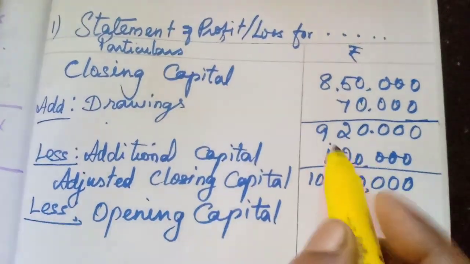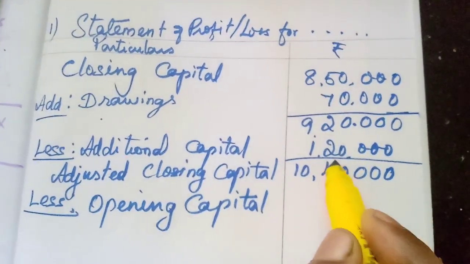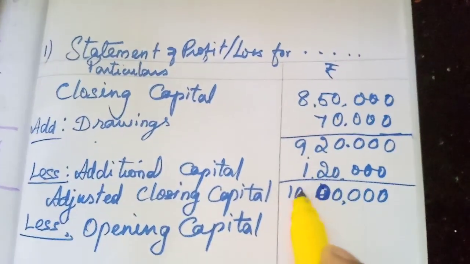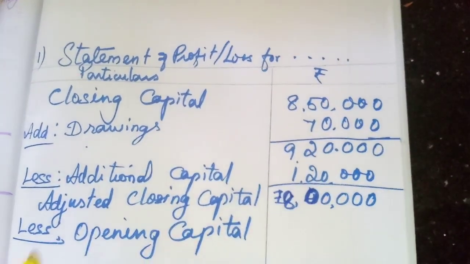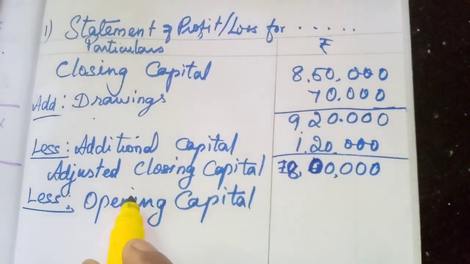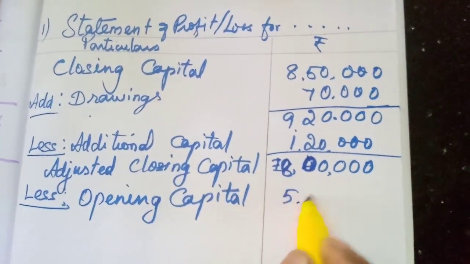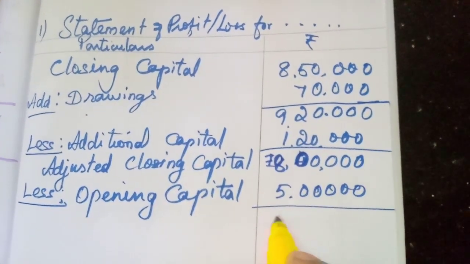Okay, sorry students, here I have added. We have to deduct, okay, 2 minus 2, 0, 9 plus 9 minus 1, 8. So, 8 lakh. From that 8 lakh, we have to deduct the opening capital. Opening capital is 5 lakh. So, what is the amount? 3 lakh.